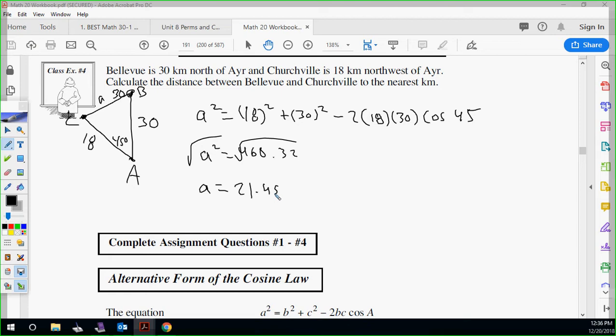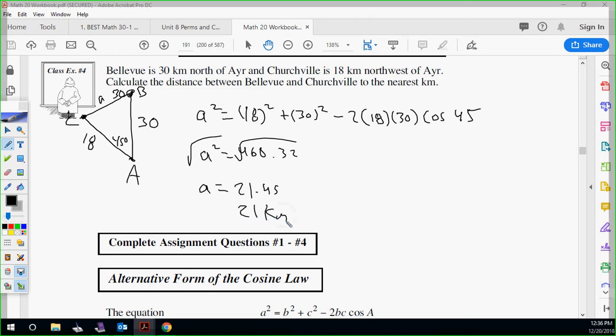So that means Churchville to Bellevue is closer than Ayer and Bellevue, but farther than Ayer and Churchville. Okay, so 21.45. It said nearest kilometer too, so we'd round this to 21.